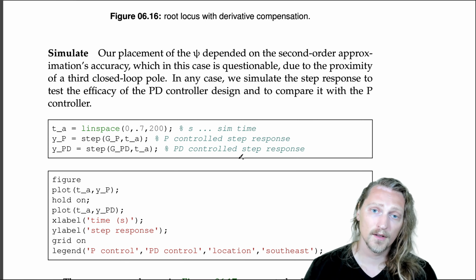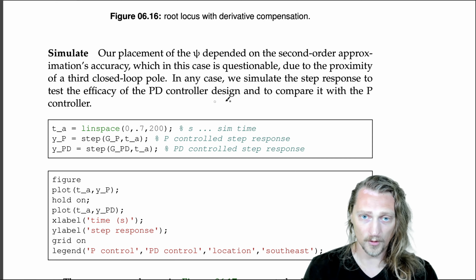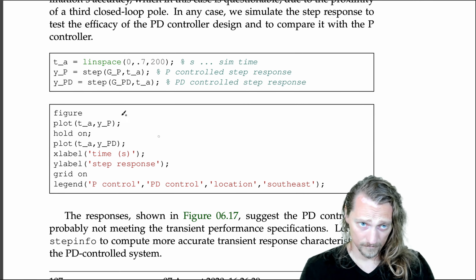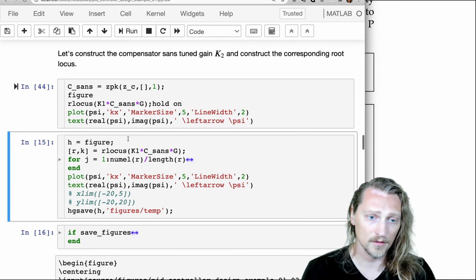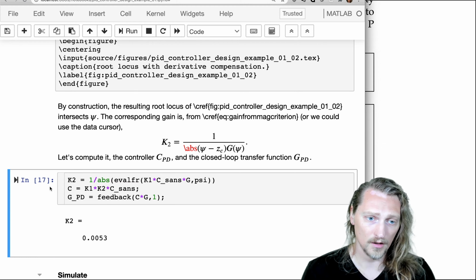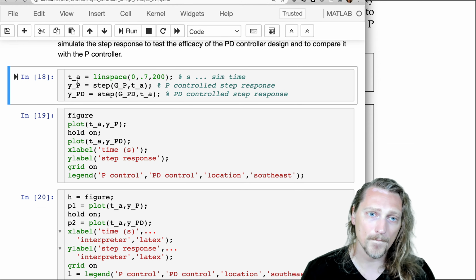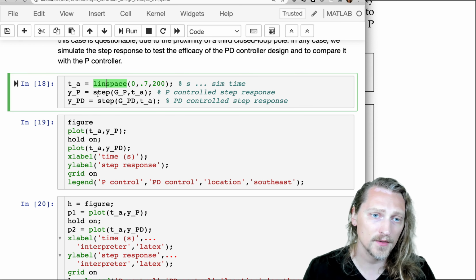In any case, we simulate the response to test the efficacy of the PD controller design and to compare it with the P controller. So we go ahead and do the simulation, which is compute K2. We can create a time array using linspace.